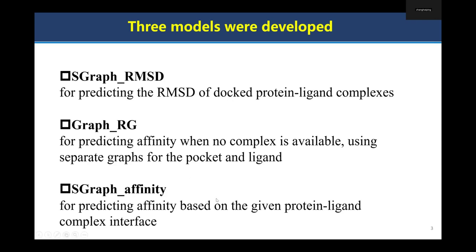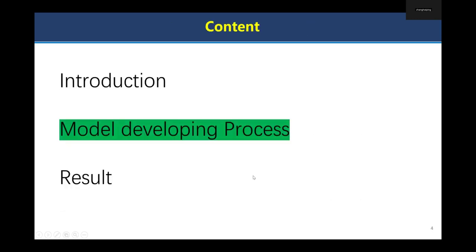And the last one is for when we have an experimental crystal structure or a docked structure. We try to predict the affinity based on the given protein-ligand complexes and hope it will be more accurate or at least provide more information.